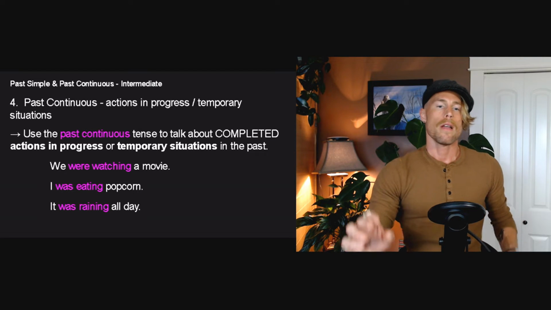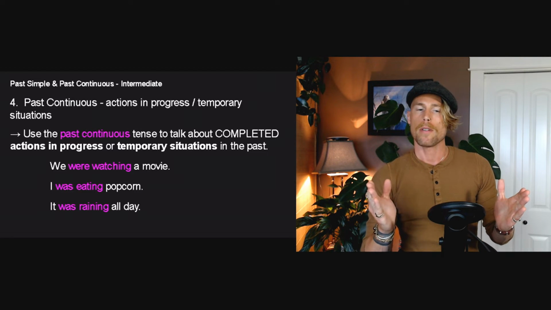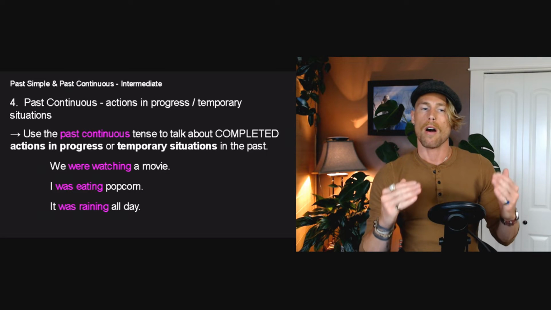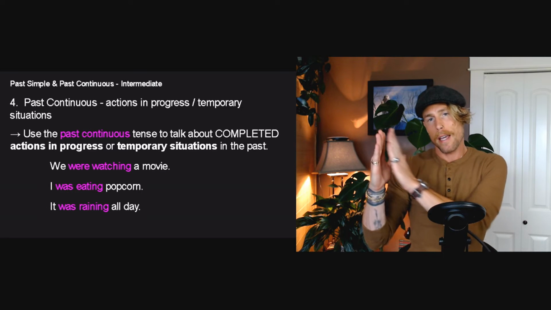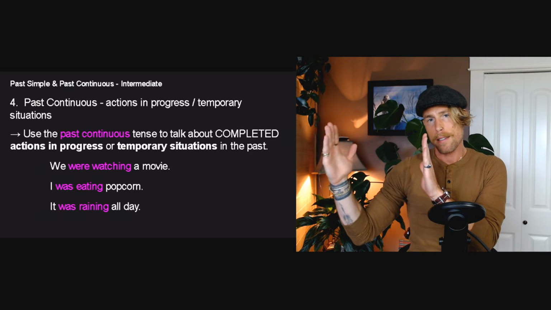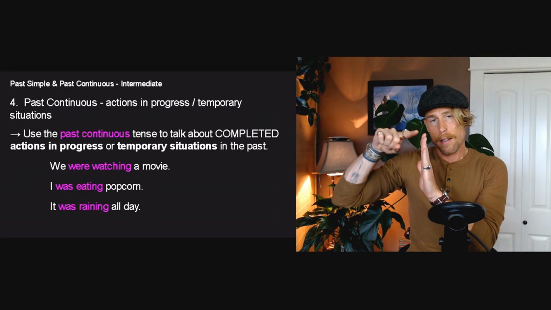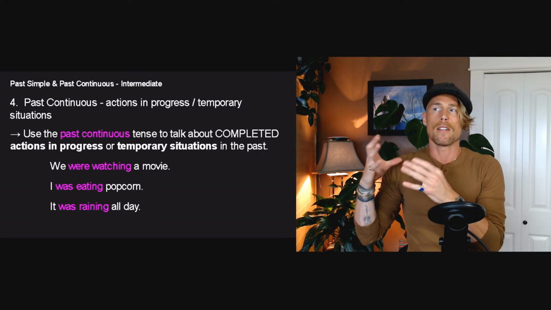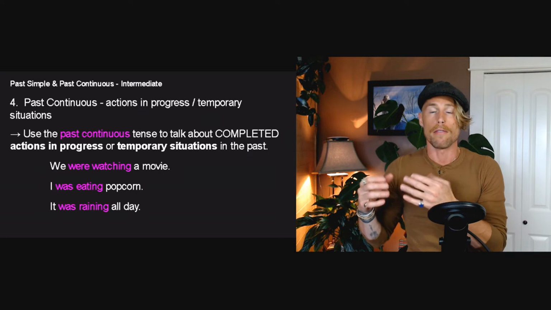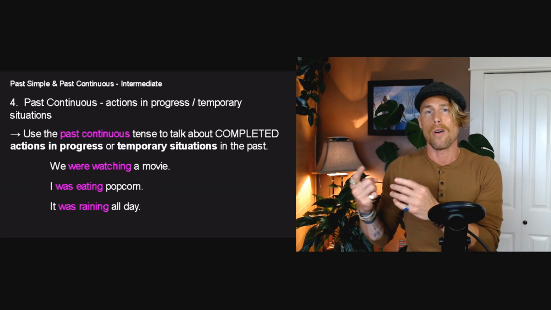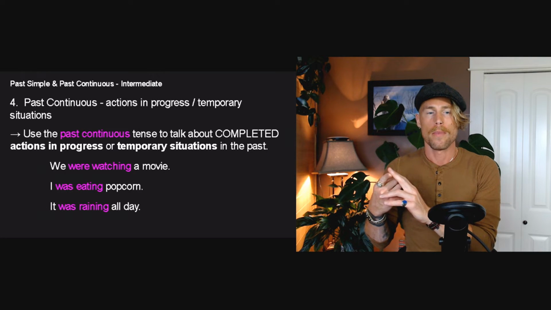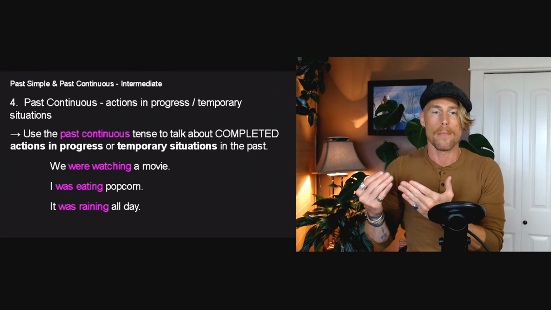So, these three examples are talking about actions in progress in the past, happening, but they don't have a lot of context. We don't know when these events happened.